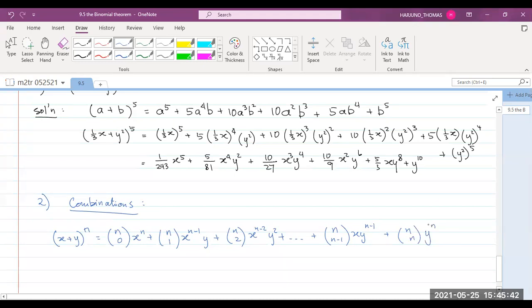Now you see that the coefficient of the terms is given by n combinations, the exponent of y.